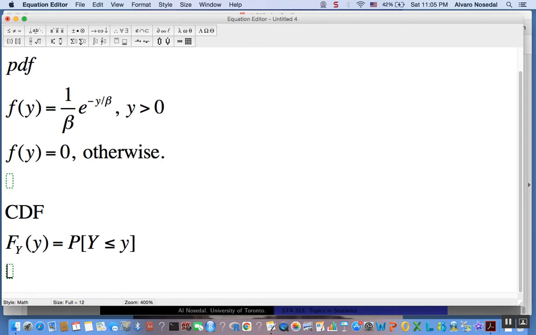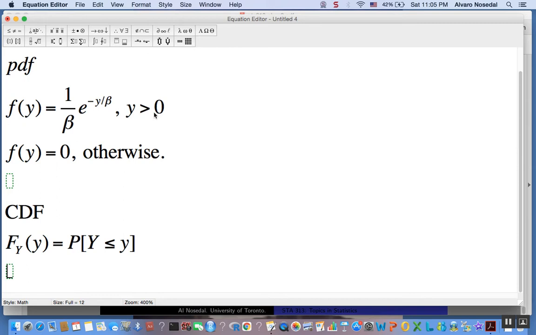Now in this particular case, if we apply that definition, the part that is going to matter is the region for positive real numbers.